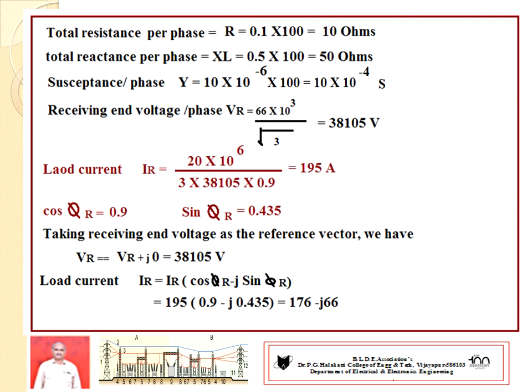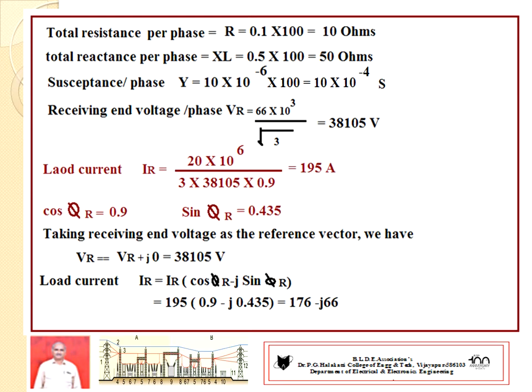So always in the problem, given voltages are line voltages. First step, always given voltage is line voltage. Then you calculate voltage per phase VR equal to 38,105 volts. Given transmission line is 3-phase transmission line.